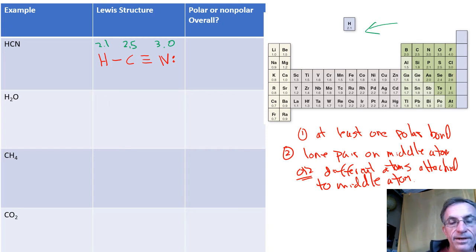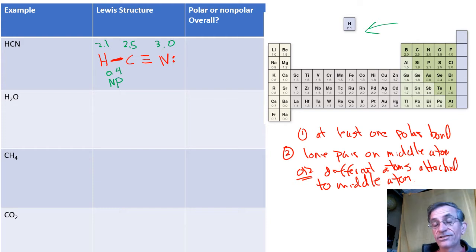First, the carbon-hydrogen bond. When I subtract the electronegativities, I get a difference of 0.4. That is a nonpolar bond. You have to have a difference of 0.5.